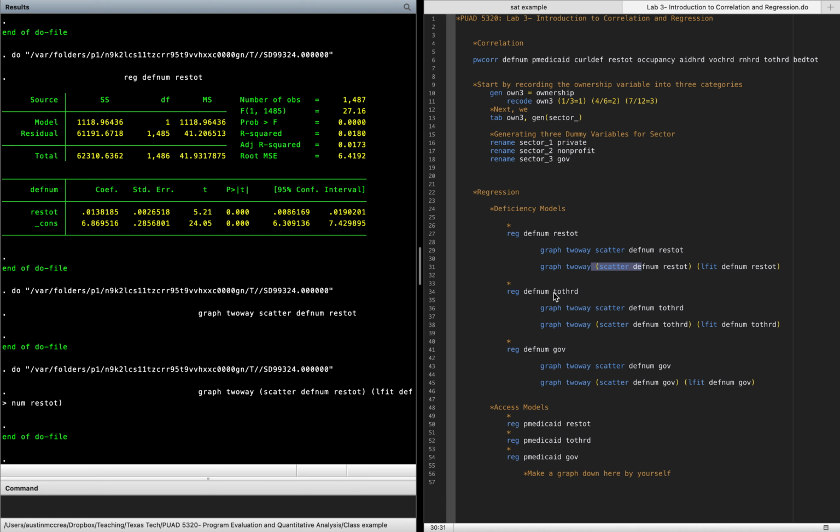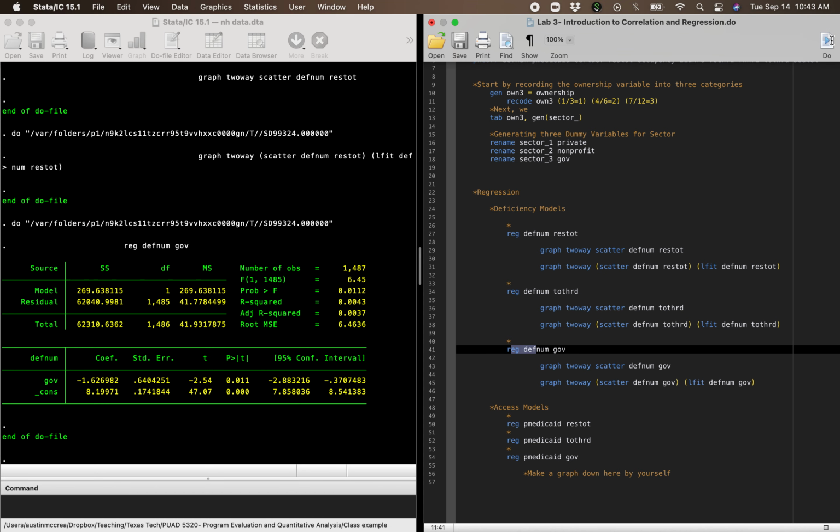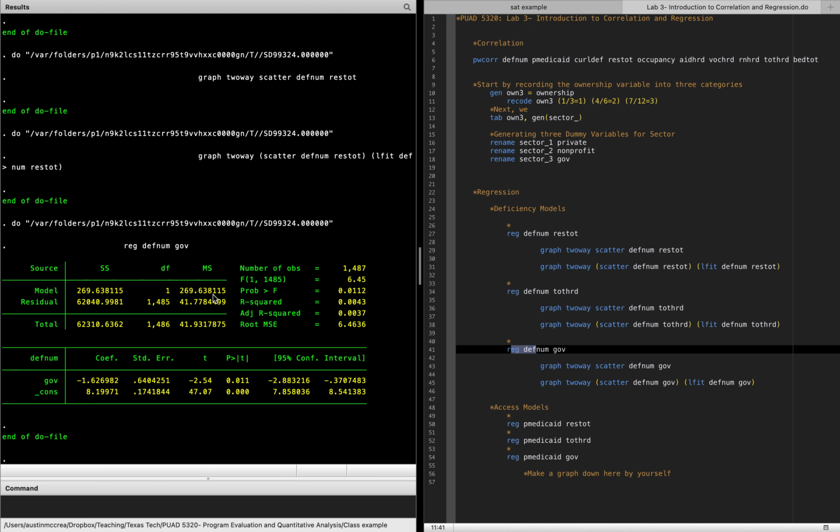And so then here I have another example. We'll skip that one. But what we'll do now is I'm going to represent government nursing homes. So let's run a regression here real quick. And the interpretation of this variable changes a little bit.